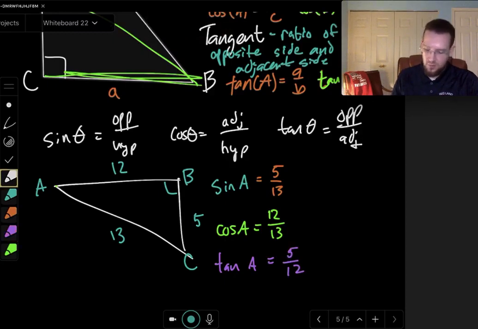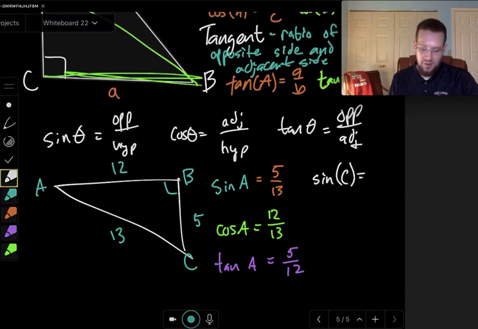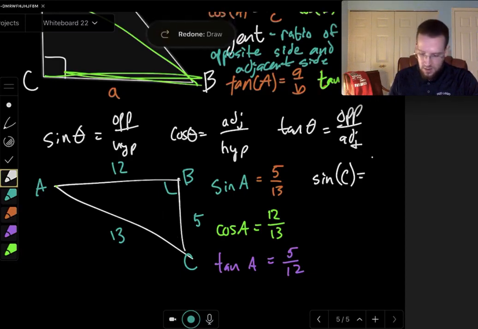So how could these possibly change? Let's look at another angle, angle C. The sine of angle C, and I should be using parentheses there, since parentheses are the word of. The sine of angle C is the opposite, so that's 12 over 13; the hypotenuse doesn't change.